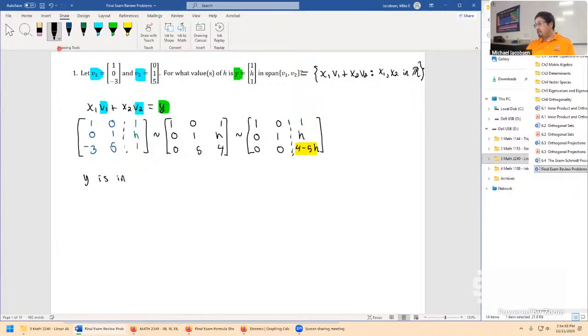Y is in span v1, v2, if and only if, we'll just use the biconditional arrow for if and only if, h equals 4 fifths. Because if it's 4 fifths right here, we get 0 right in that position, making it consistent.